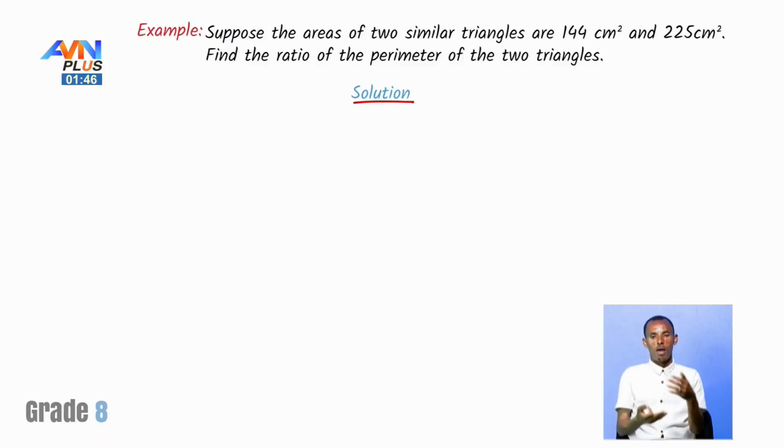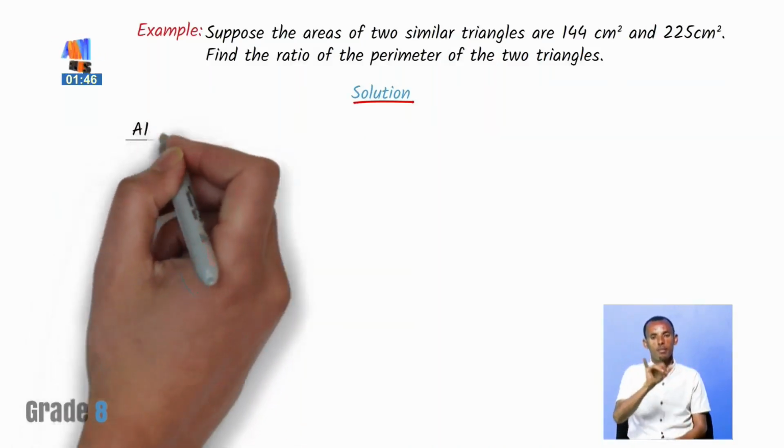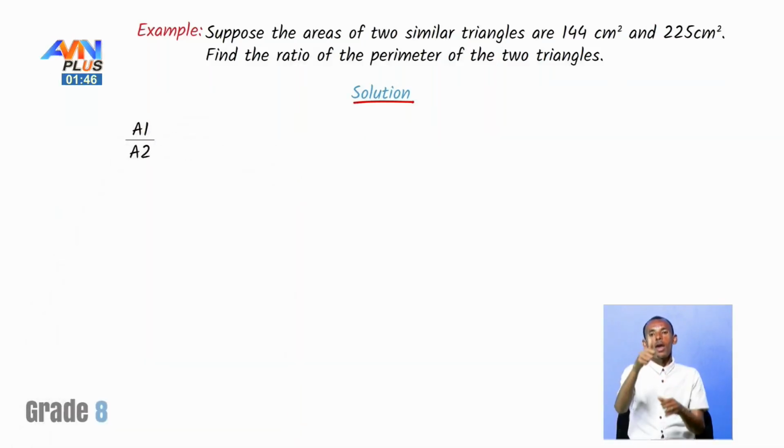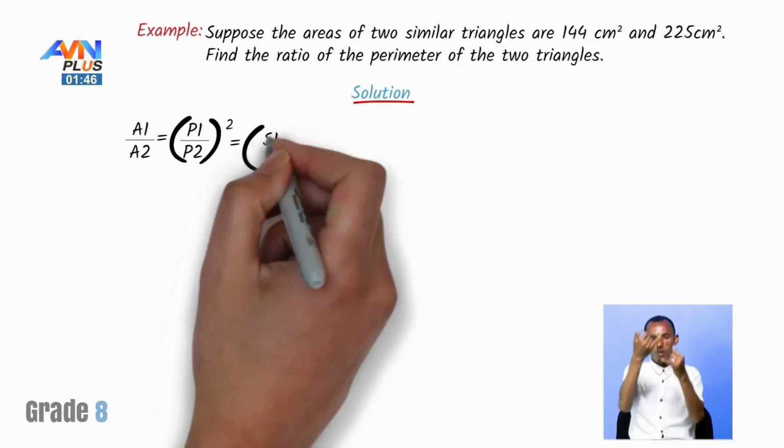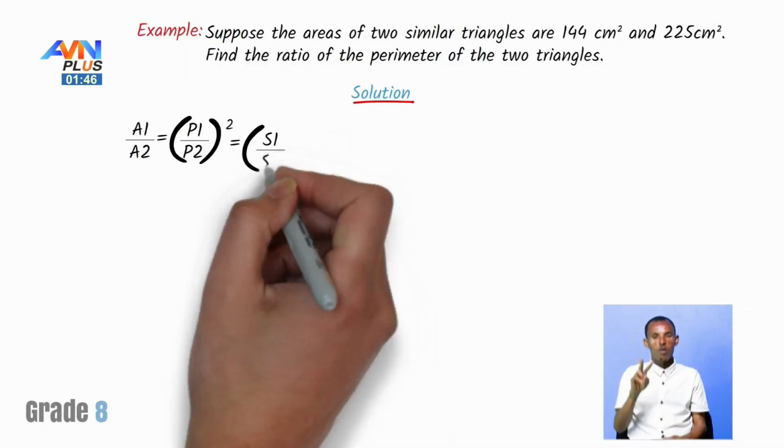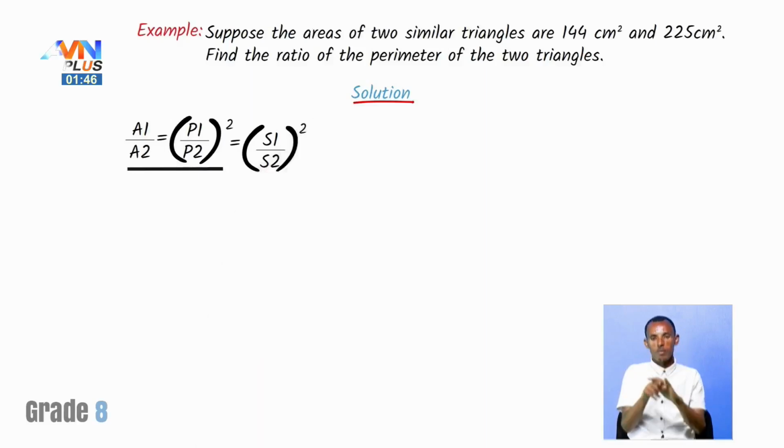If two triangles are similar, the ratio of the area of one triangle to the other is P1 by P2 the whole square. This is also the same as S1 by S2 the whole square. For this specific example, we only need the first two cases.